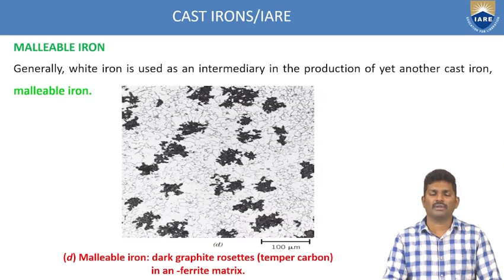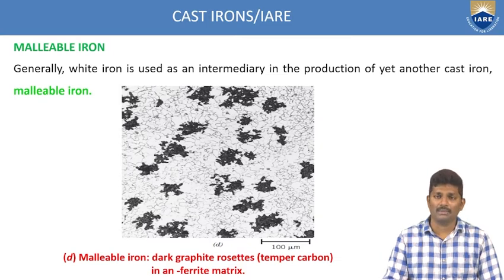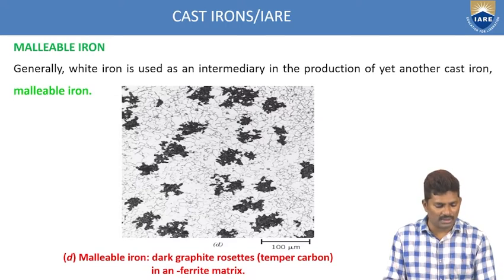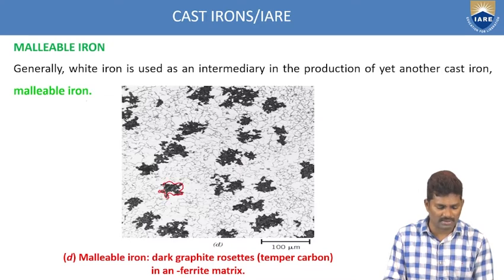And the other type of cast iron is malleable cast iron, and generally we can get this as an intermediary in the production between the gray as well as the white cast iron. So you can see the dark patches. These are called the pearlites.